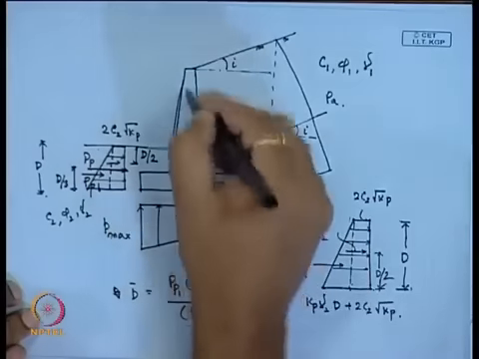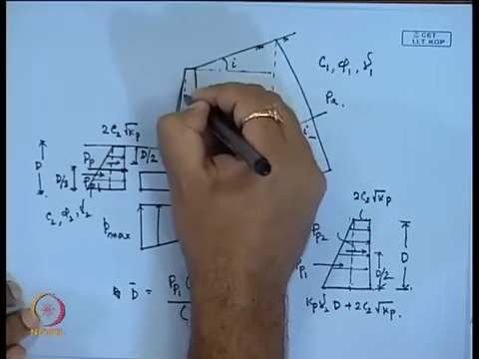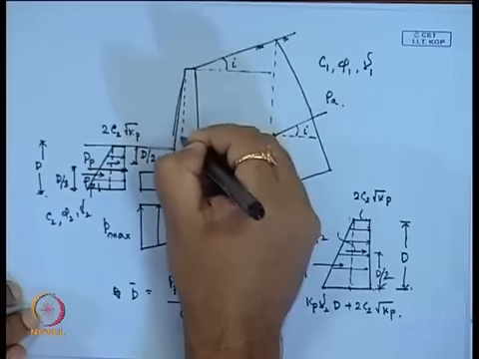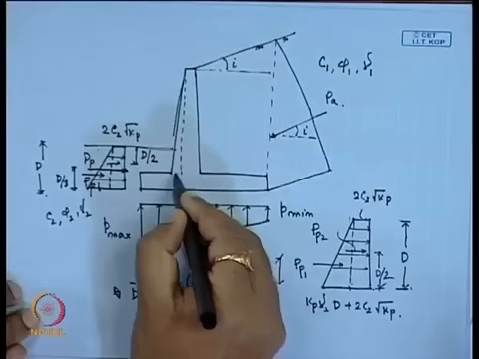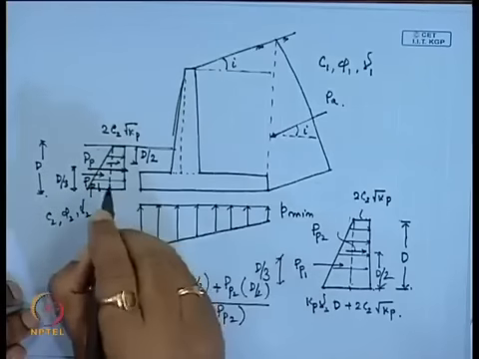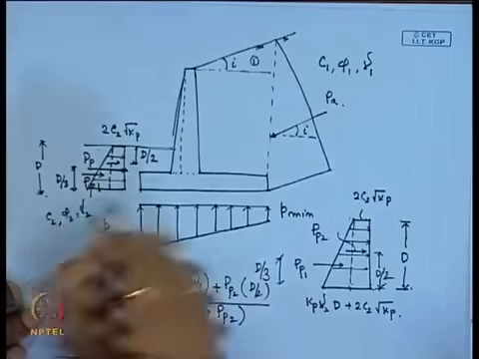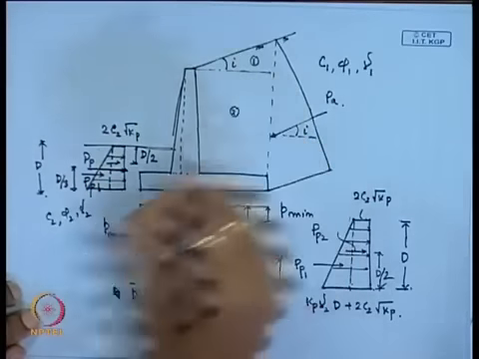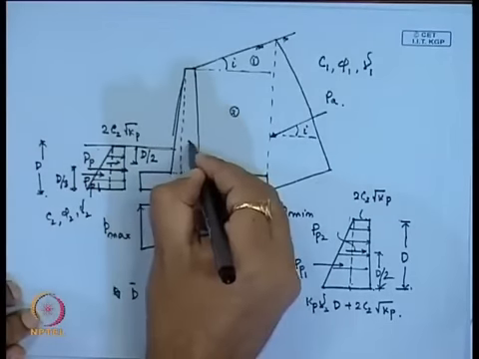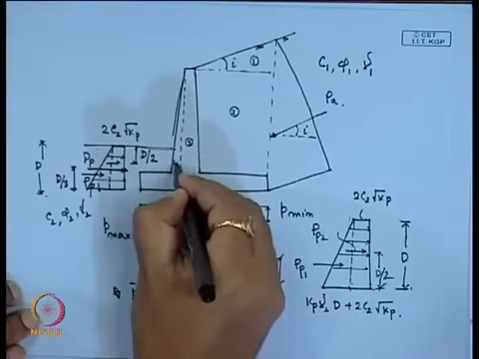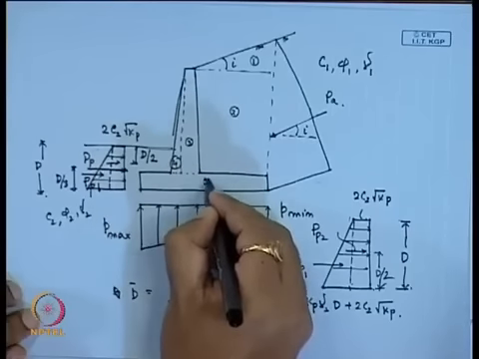Now, for the weight calculation, we can divide this retaining wall into different sections. First, this is section 1, this is section 2, this is section 3, this is section 4, this is section 5.